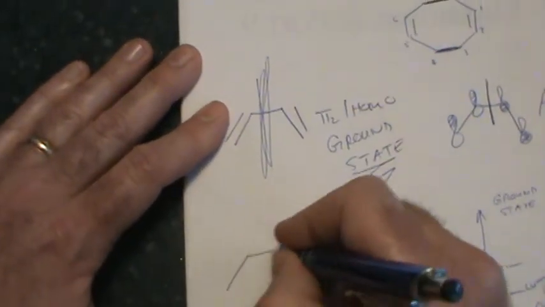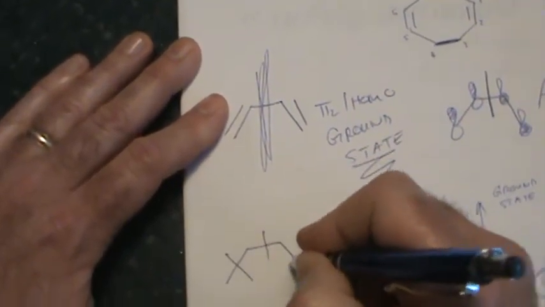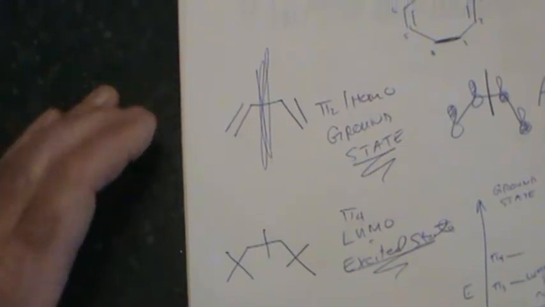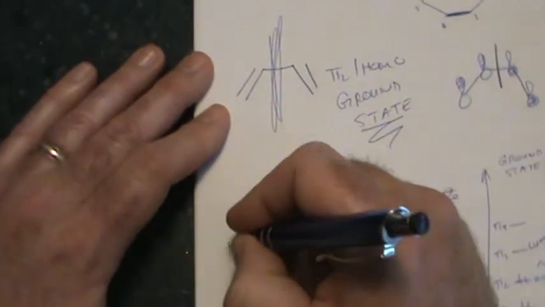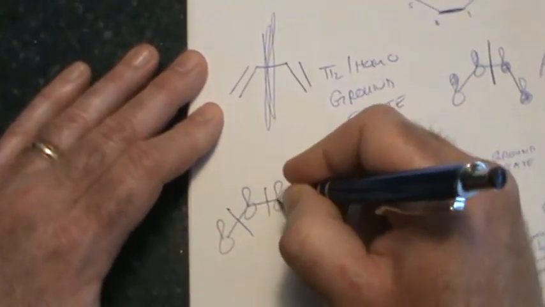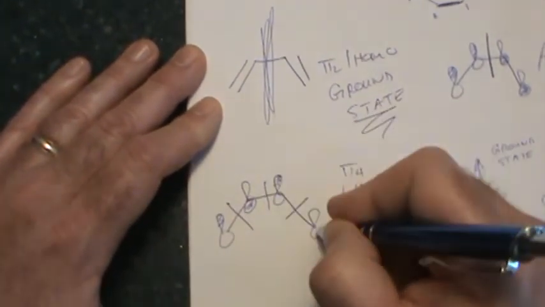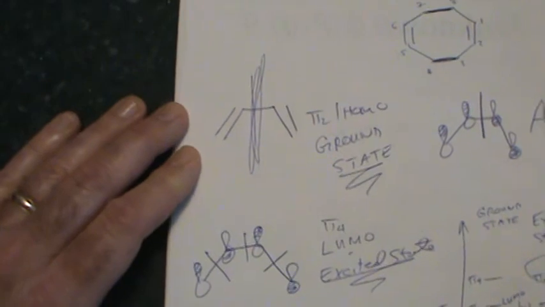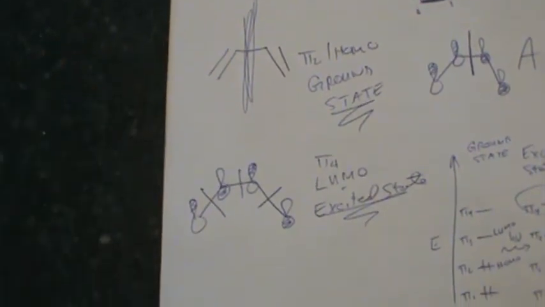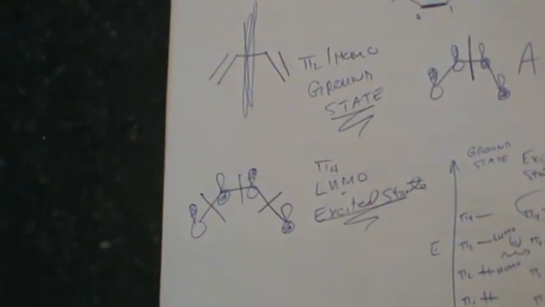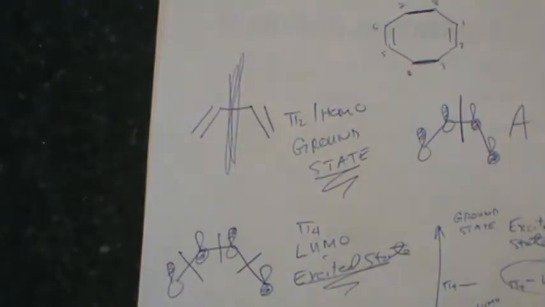Well, pi 4 has 3 nodes. Up, down, up, down. That's pi 4 of the excited state species. Is it symmetric or anti-symmetric with respect to this plane of symmetry which exists in the molecule?